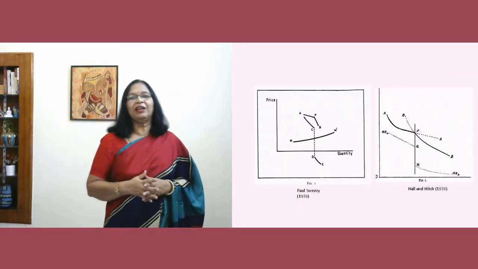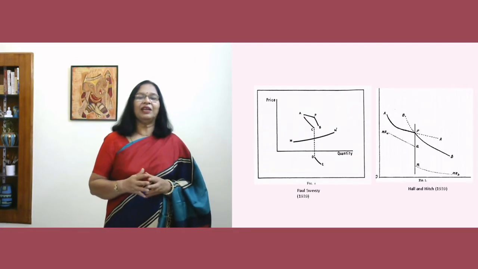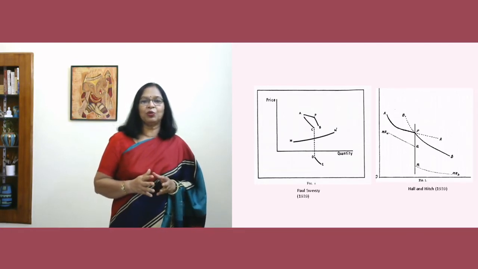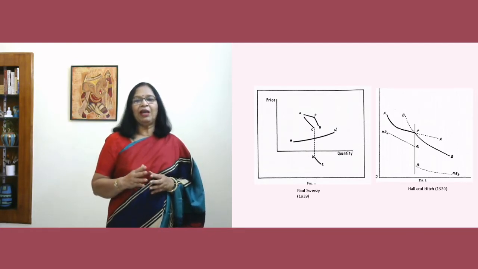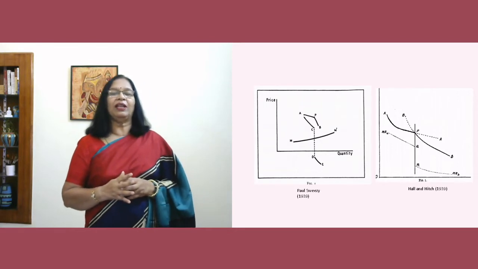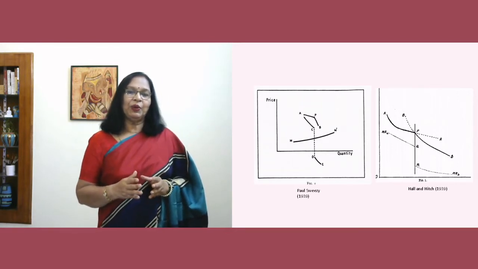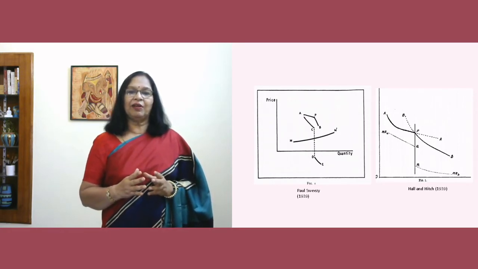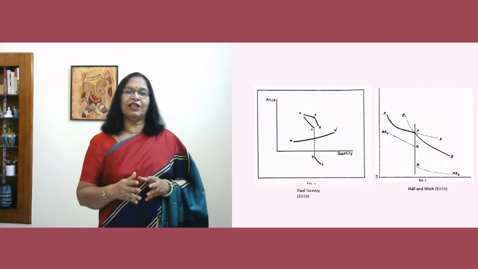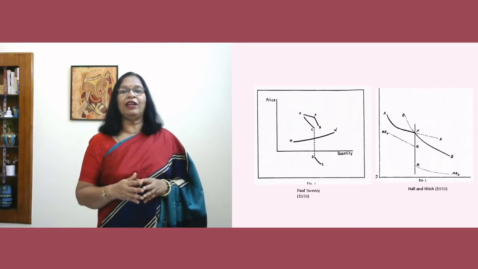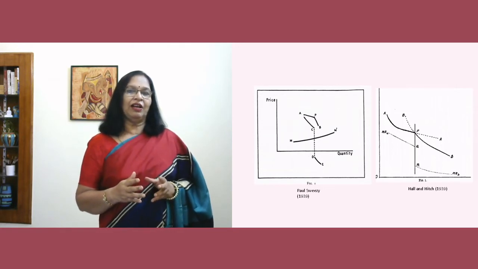Now, these two diagrams are the diagrams drawn by Paul Sweezy in his paper, and the other by Hall and Hitch in their paper. You can see in the first paper that the demand curve is quite a different kind of demand curve. We don't find the usual linear demand curve here.